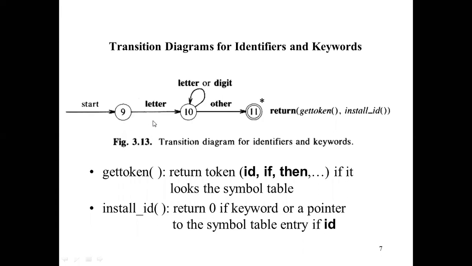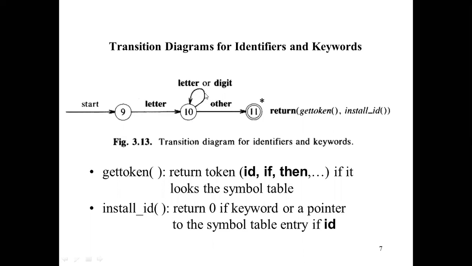So letter, because the identifier name will start from the letter. Again, it has the connectivity with another circle, because in this case we will get another character. It may be a letter or digit. For the variable name or for the identifier, the first character must be a letter, and after that again it may be letter or digit.